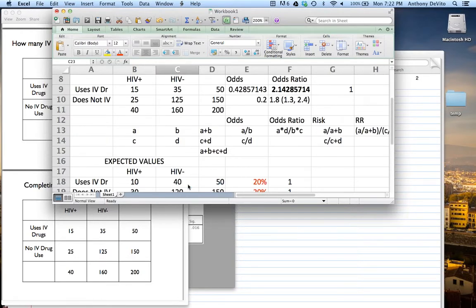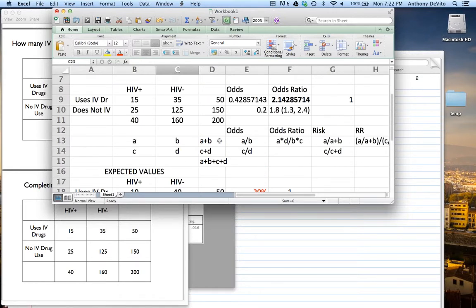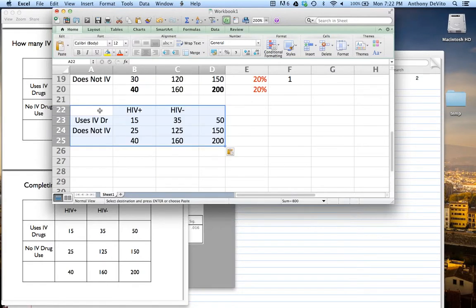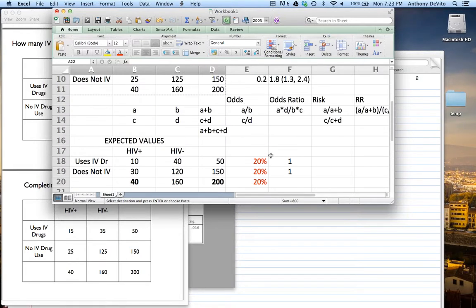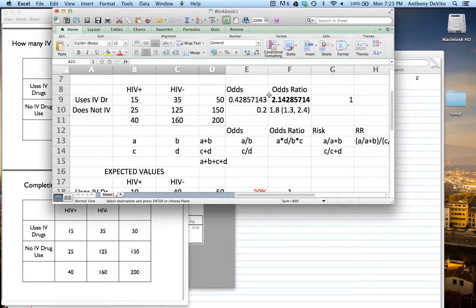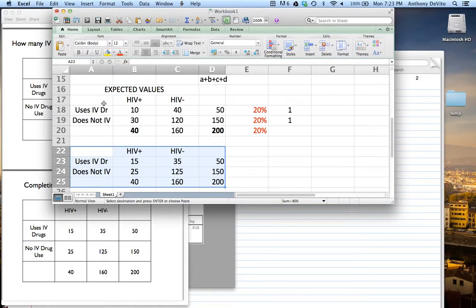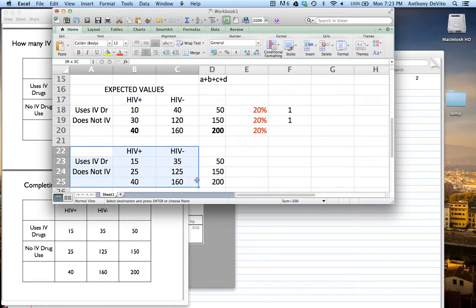Now, if I were then to say, well, that's all well and good, but when I actually go and survey these 200 people, these are the actual outcomes that I get. This is the actual outcome that I wound up getting. Now, another way for me to look at this, besides the idea of odds ratio and relative risk, is to compare my expected values to my observed values.